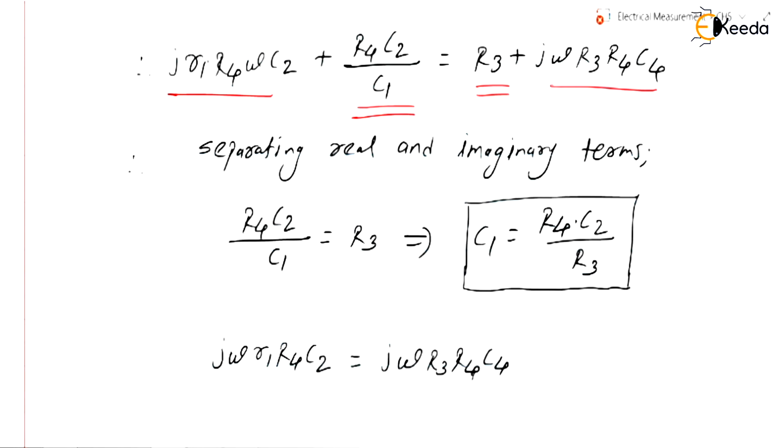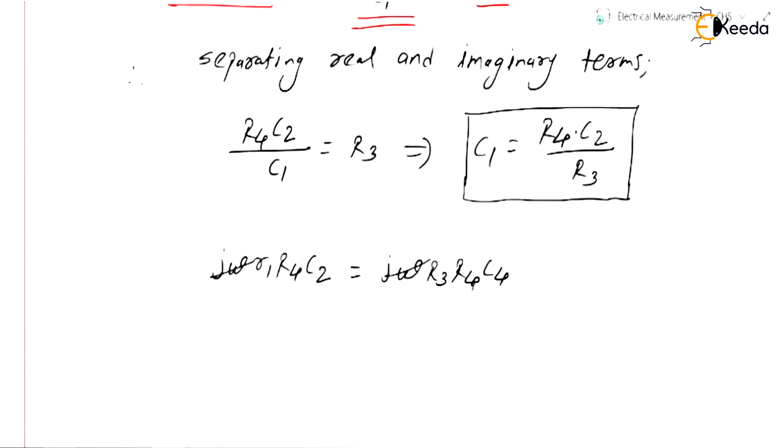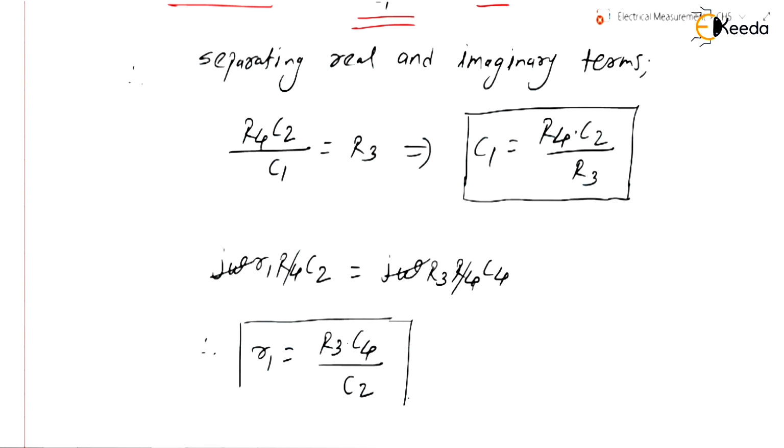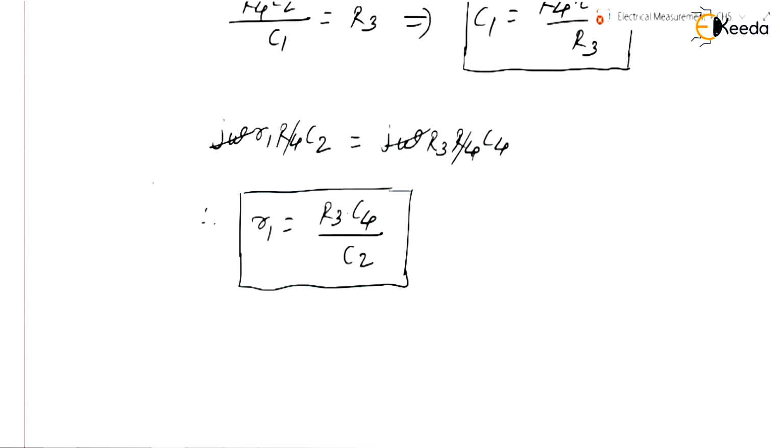Now j omega will get cancelled out, and R4 also will get cancelled out. So R1 is R3 into C4 divided by C2. This is the R1 variable. These are the expressions.